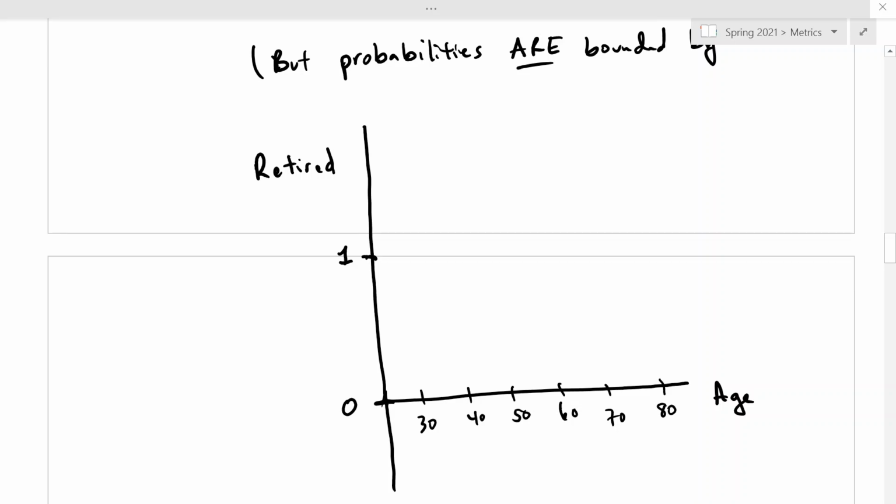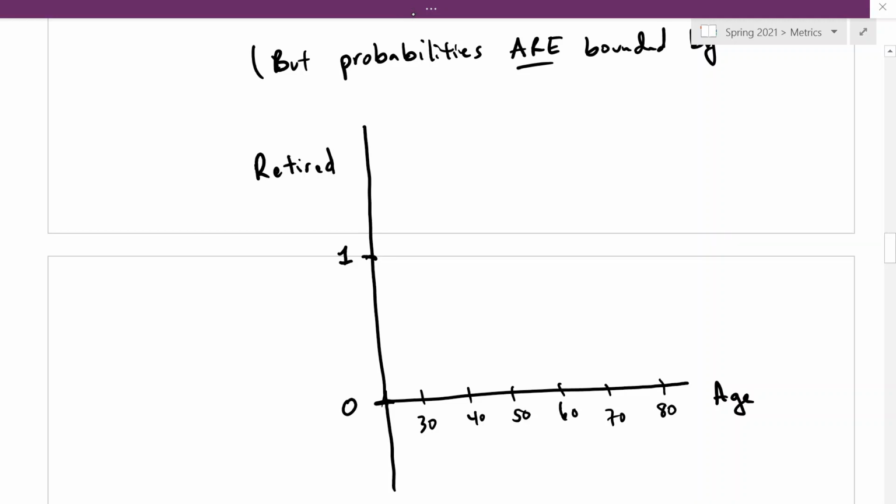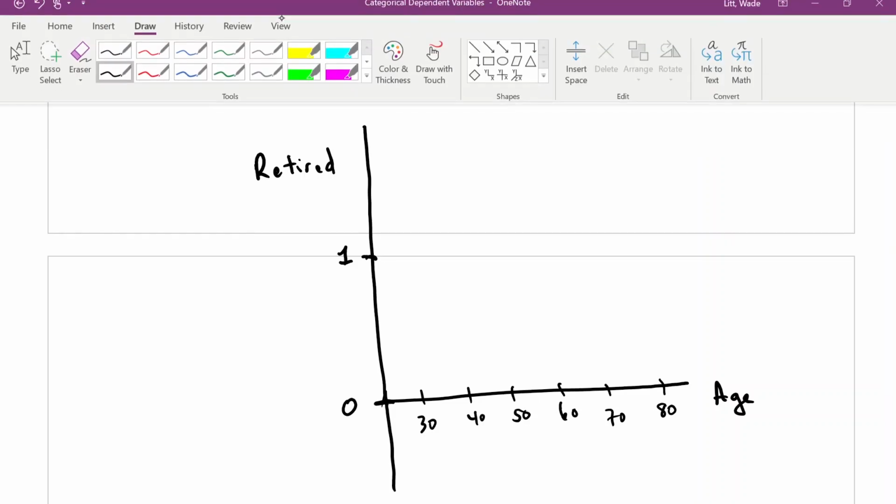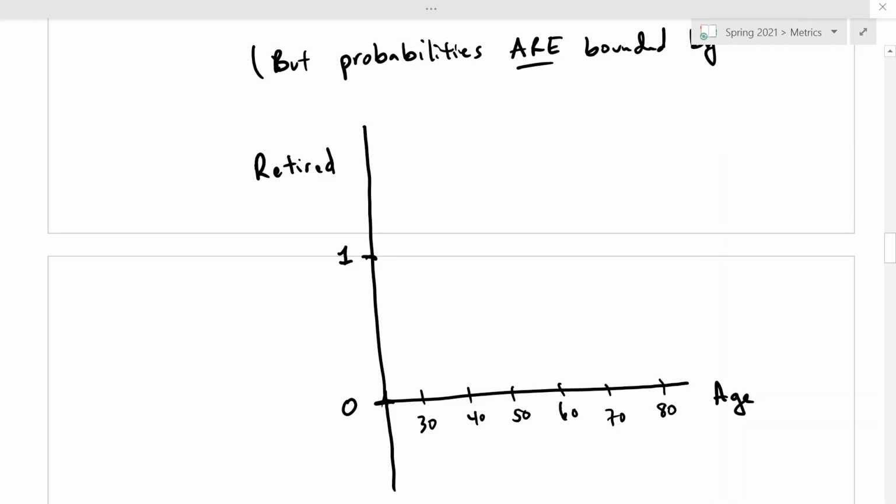Okay, and now let's make some data. All right, so let's say that our first person is 25, and they are not retired. There are going to be a bunch of other people here who are young and not retired. There might be some very young, wealthy 30-year-old who pops up here and is retired.